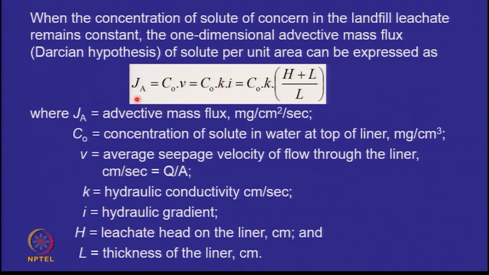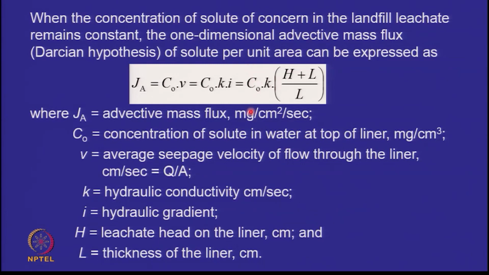So the advective mass flux in milligram per centimeter square area per second is Ja is C naught into V, please note this down, which becomes C naught into Ki, and which becomes C naught into (H plus L) over L. So just note down this formula.